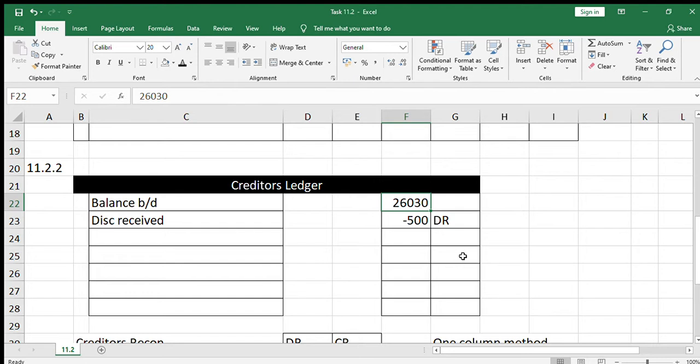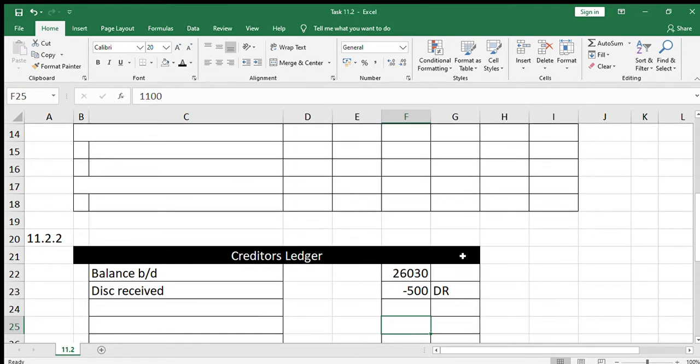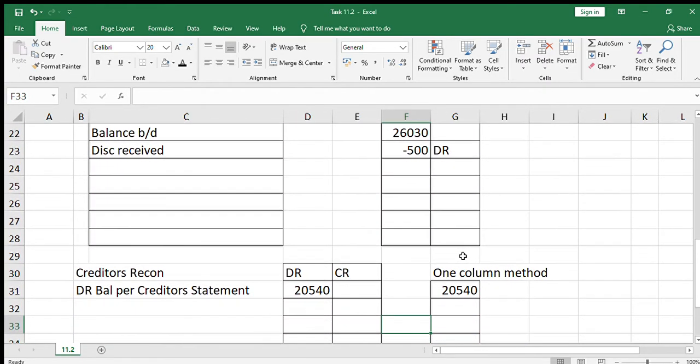So in number 2, Umgeni Shoes, which is them, made an error regarding the return of goods on 5th of August. So they have made the mistake. We need to work out the difference between 730 and 370. And because they have made the mistake, it does not affect our general journal, does not affect our ledger. It will only affect the creditors record.